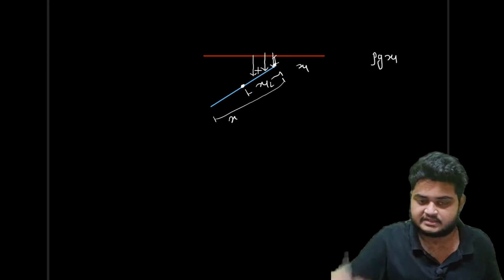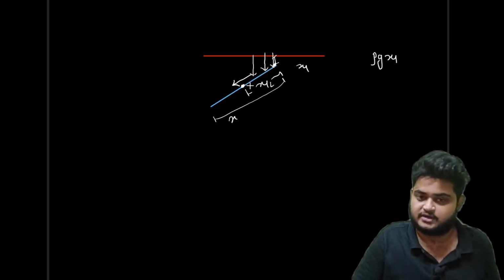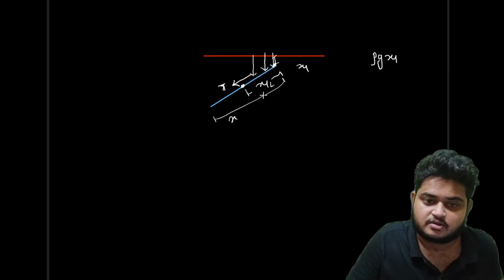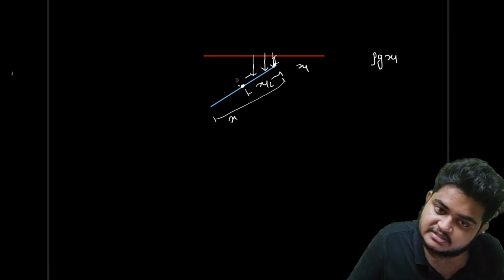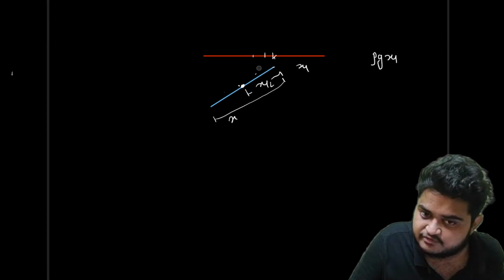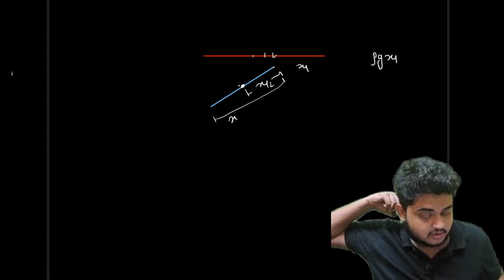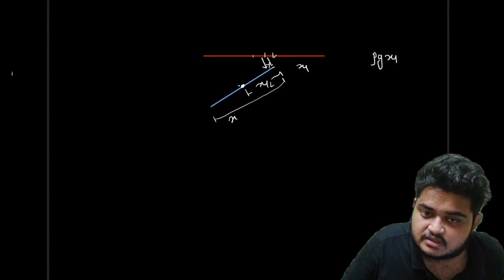Because if the pressure is coming like that, it will definitely have a shear component, so it will be acting as shear force, which actually is not possible. So as it is a static fluid, all the pressures will be normal to the surface, and the definition of pressure is only the external normal force upon area. So this will be the pressure.